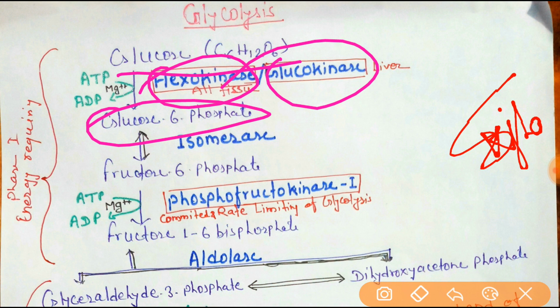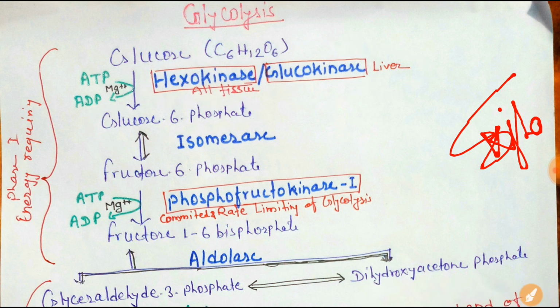Glucokinase is mainly in the liver, and hexokinase is found in all tissues. I will upload a lecture on hexokinase and glucokinase, so let us proceed with glycolysis.